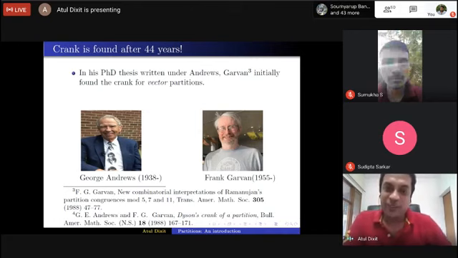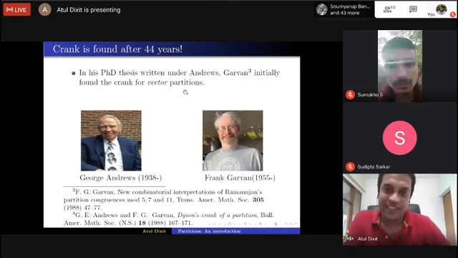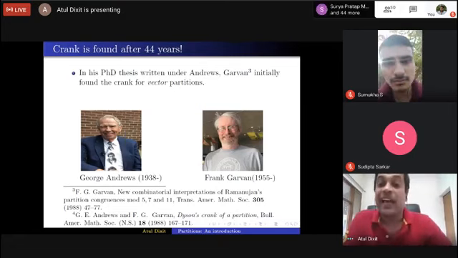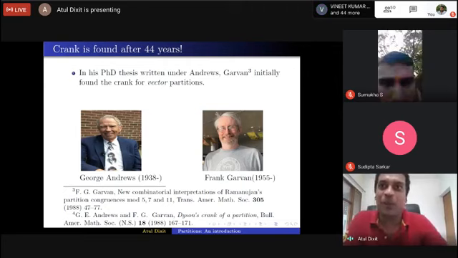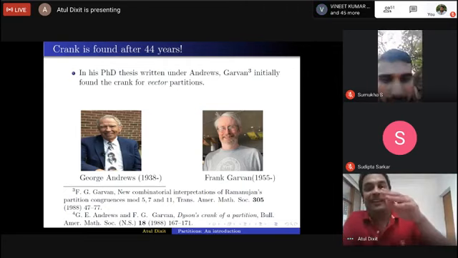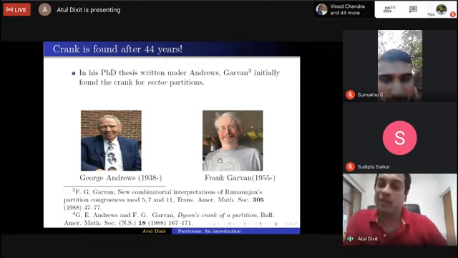At the University of Illinois at Urbana-Champaign in 1987, there was a conference to celebrate Ramanujan's 100th birthday, and there were many mathematicians from all over the world who attended it, and so did Andrews and Garvan.